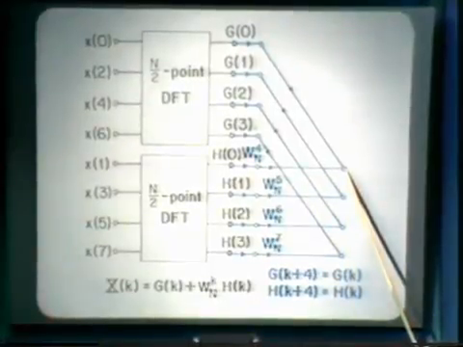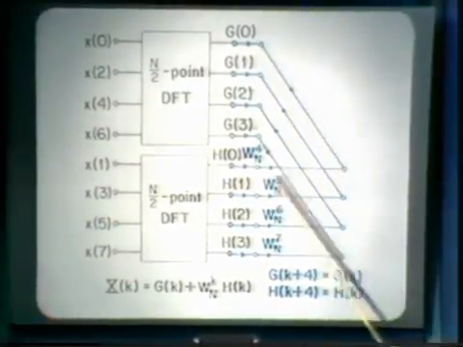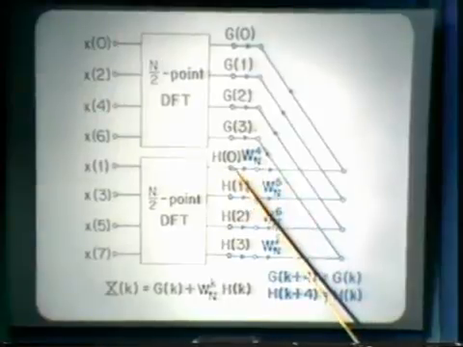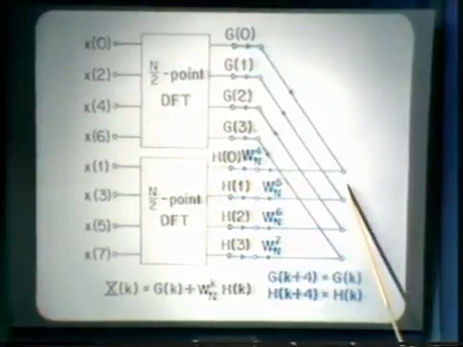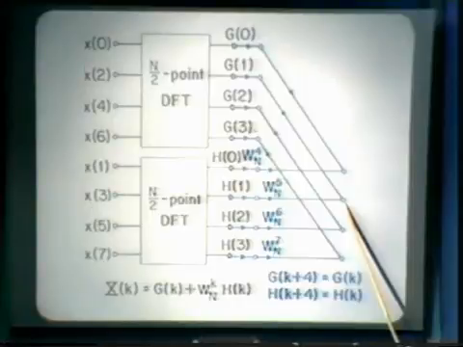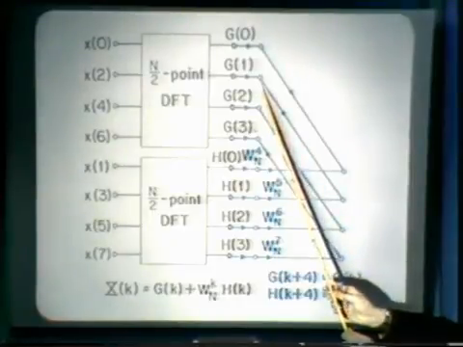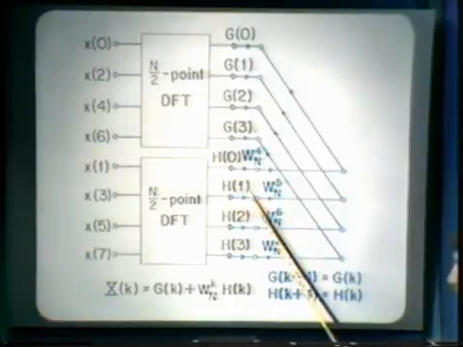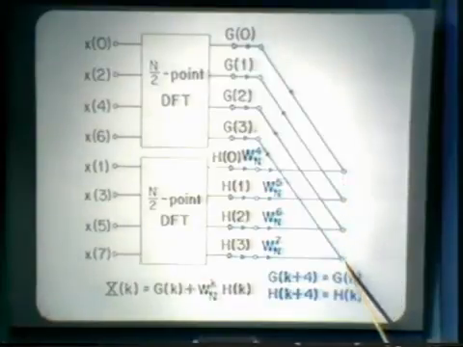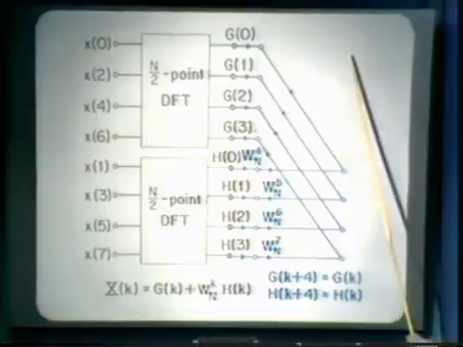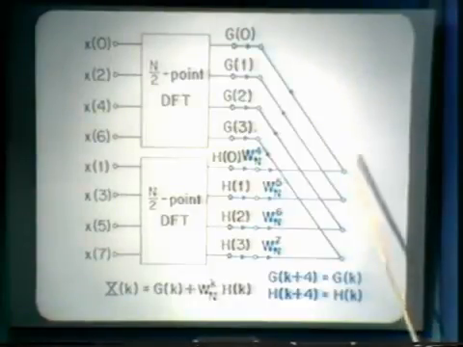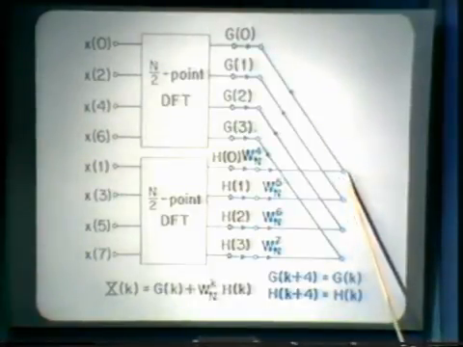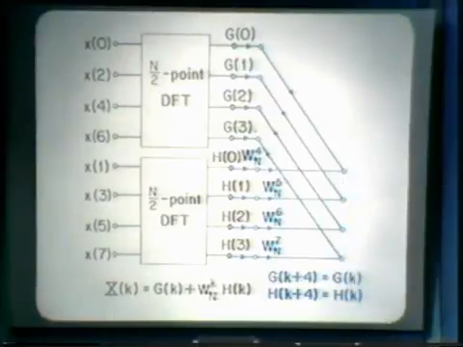So we have then for x of 4, g of 0 plus w sub n to the 4 times h of 0. Likewise, for x of 5, we have g of 5, or g of 1, plus w sub n to the 5th times h of 5, or h of 1, because of the periodicity, and likewise down through the remaining 4 points. So we showed on the previous view graph the computation for the first 4 points, and here we have the computation for the last 4 points.